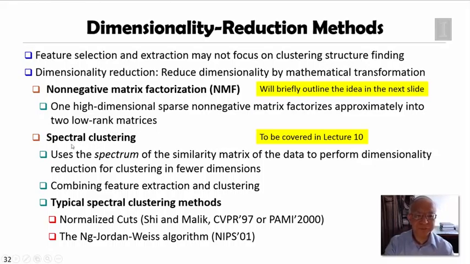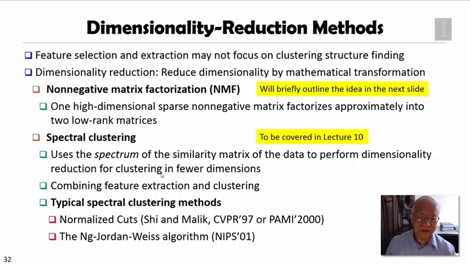Another method is called spectral clustering. We will introduce this in a little more detail in the next lecture, lecture 10. It uses the spectrum of the similarity matrix of the data to perform dimensionality reduction. So finally, we may find the clusters in a much smaller number of dimensions.